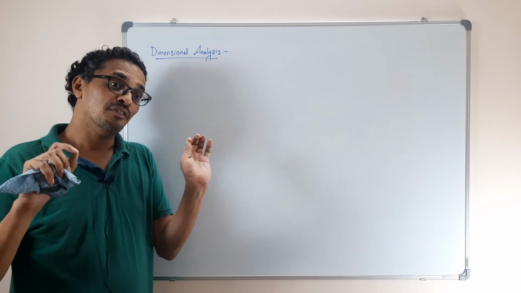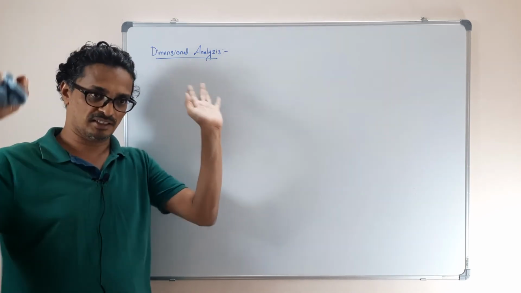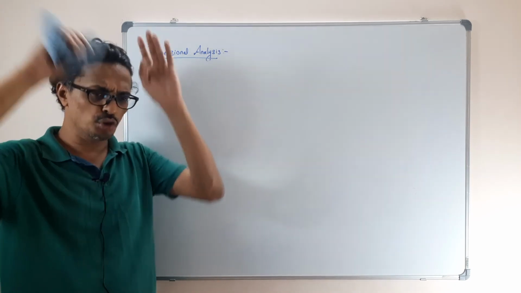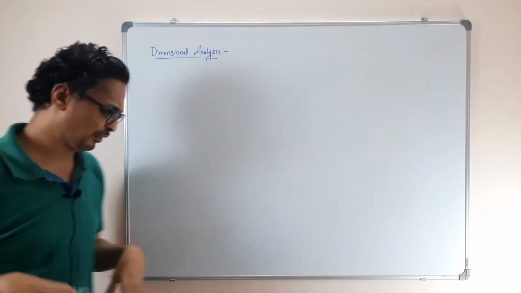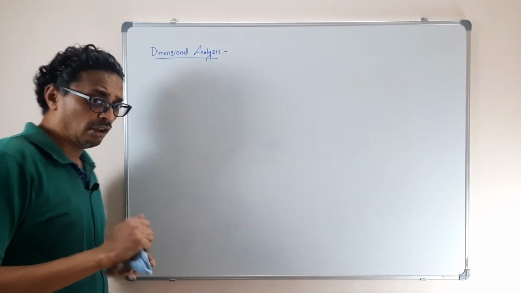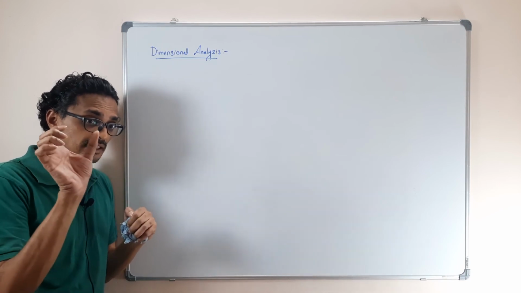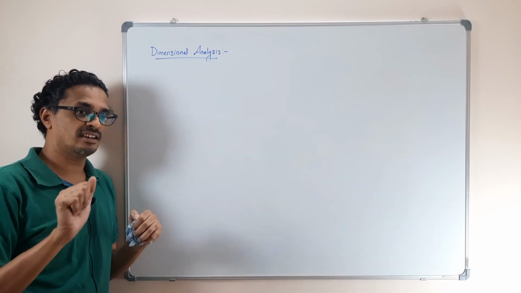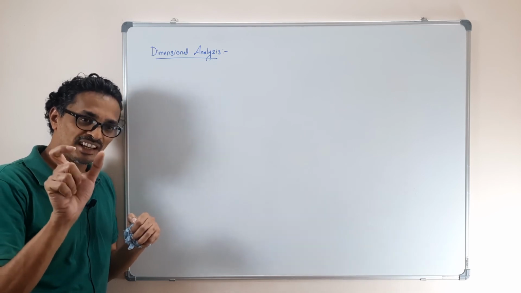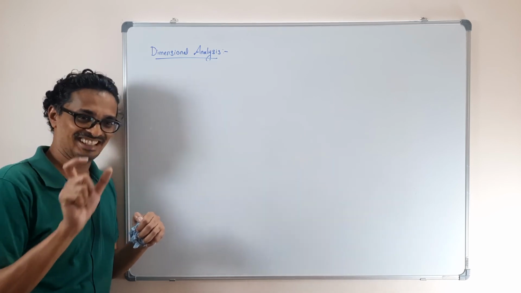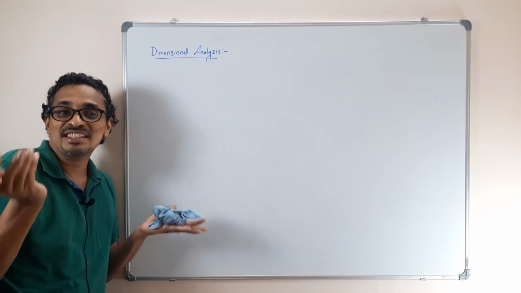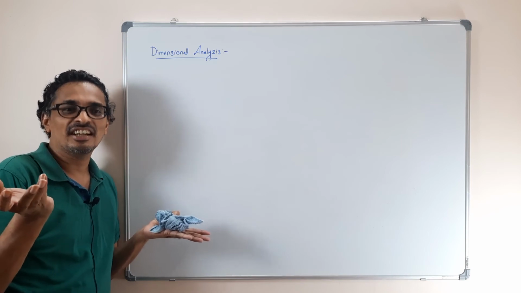Now, if you do an exact calculation, starting from the equation of motion, and there is a term like sine theta, in dimension analysis you will miss that sine theta, because sine theta is dimensionless. What is sine theta?